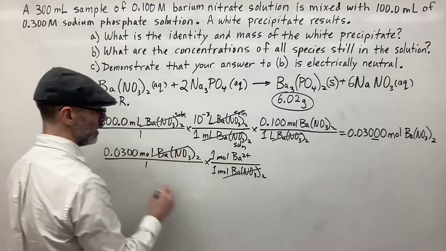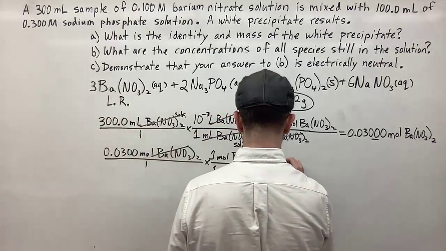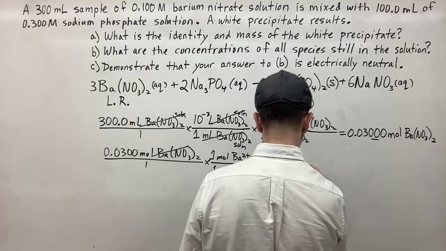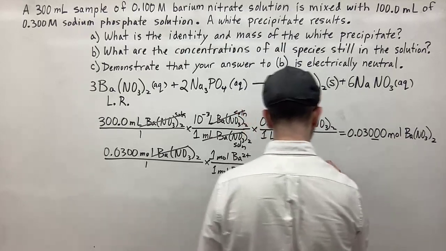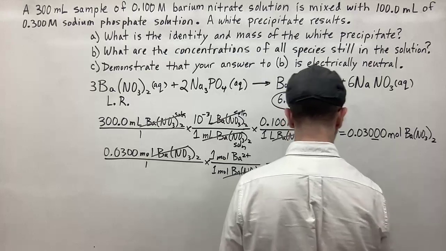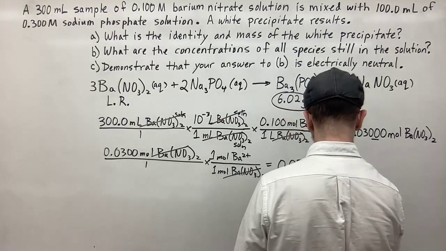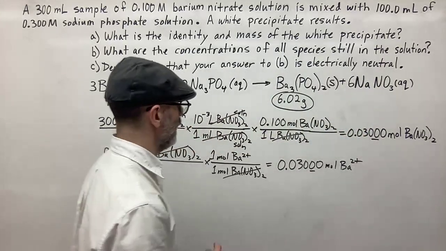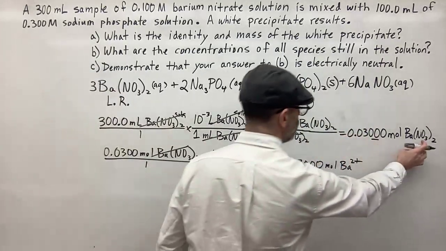Moles of the barium nitrate cancel out, and we get the same molar amount, 0.03000 moles of Ba2+ ions.